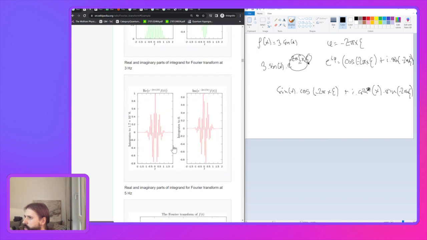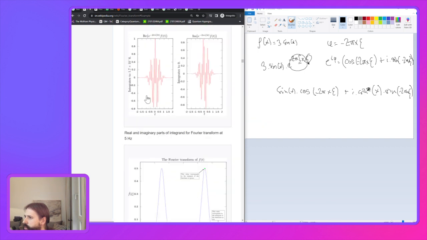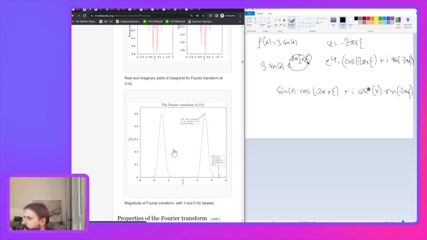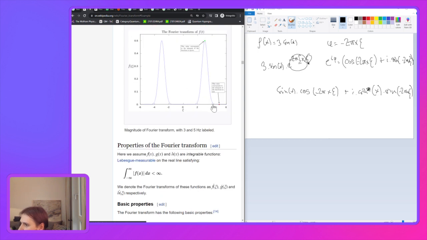While here, for 5 hertz, things cancel, so they both get to 0. So that's why you have the Fourier transform here. The result of the Fourier transform is that at these values you get the highest. And it's really crazy that I think that actually tells you the proportion. The value corresponds to the integrals. Yeah, this is the integrals exactly.